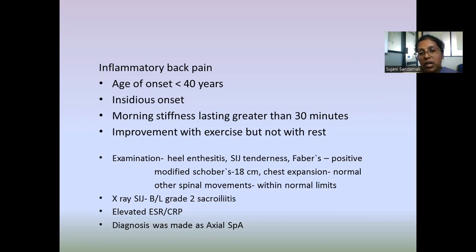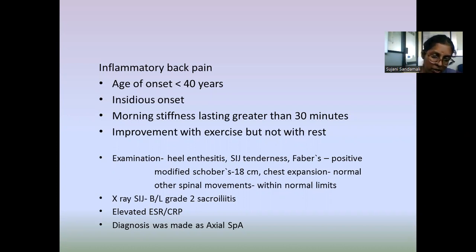On examination, she had heel enthesitis, that is the inflammation at the ligament and tendon where it gets attached to the bone, and she had significant sacroiliac joint tenderness, and FABER test became positive, which says involvement of the sacroiliac joint. We performed modified Schober's to check lumbosacral spine motion, which came to 18 centimeters. What is expected is 20 centimeters, and the chest expansion and other spinal motions were within normal limits.